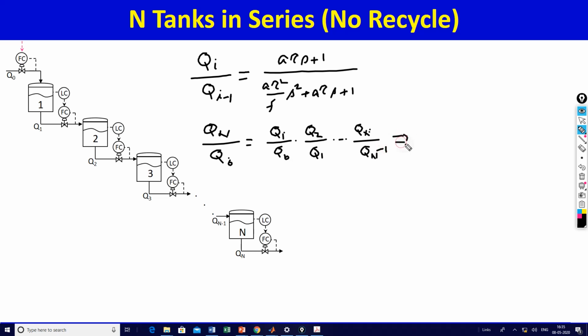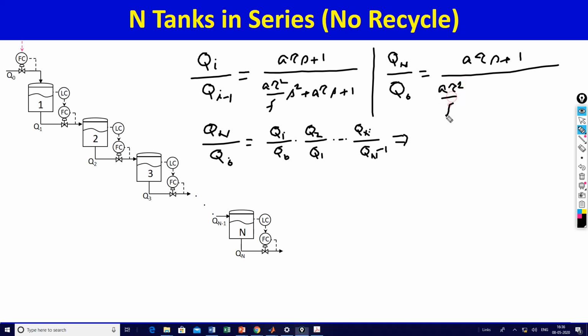Essentially what we get from this is that Qn by Q naught is equal to A tau s plus 1 divided by A tau square by f times s square plus A tau s plus 1, the whole thing to the power n. That's quite straightforward.